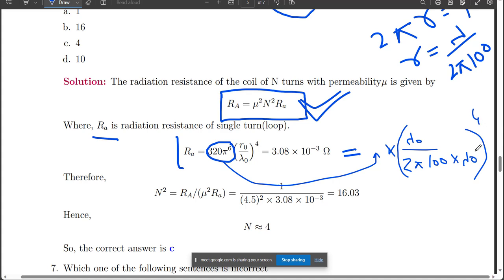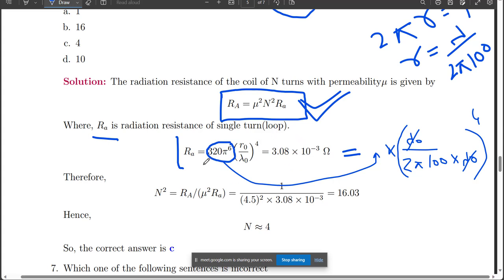Lambda naught will get cancelled, and all the other values are constant. You will be able to find r_a, which equals 3.08 into 10 to the power minus 3 ohms. This is the radiation resistance for a single loop.